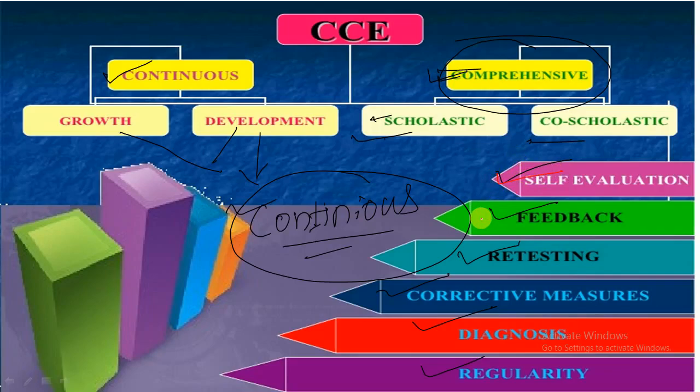They can judge what they have learned or what they have to learn. Then feedback is most important in the CCE process. As well, retesting, corrective measures, diagnosis and regularity are also important for CCE.